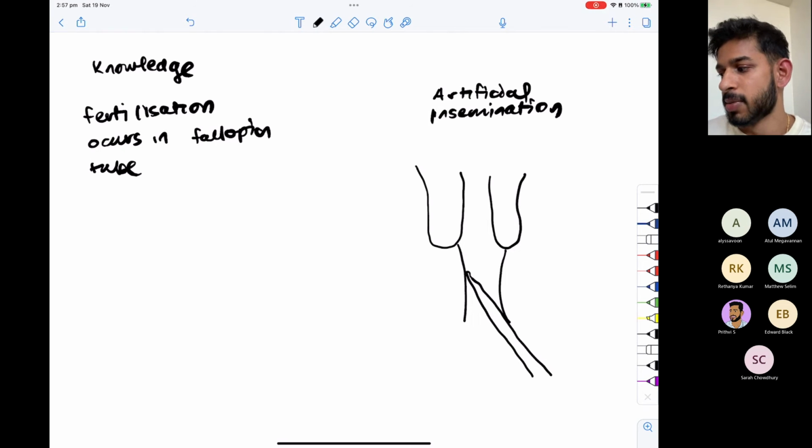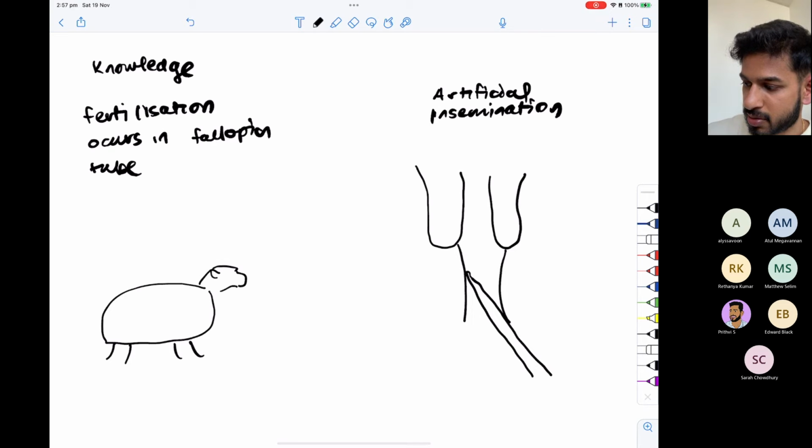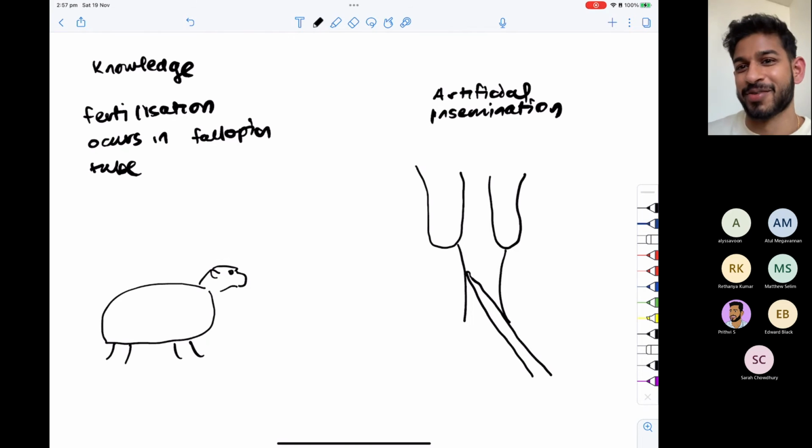This is done by agriculturalists. So what they do is they find a cow. I'm going to save time, so I'm going to get my artistic drawing of a cow. Okay, that's good enough cow for us, right?